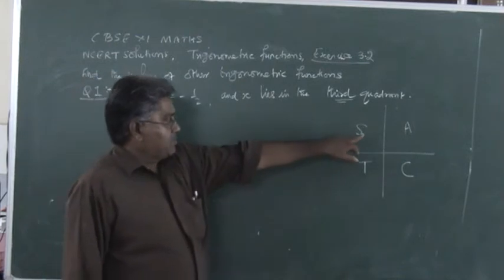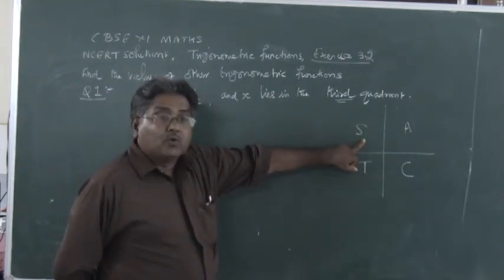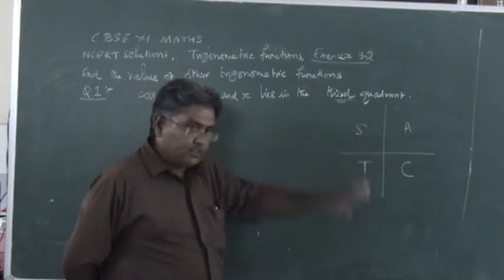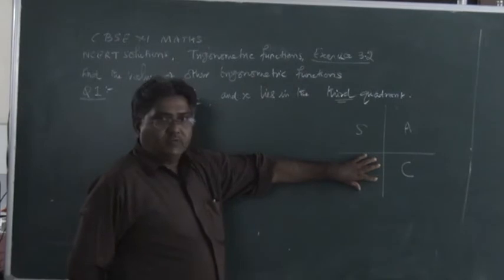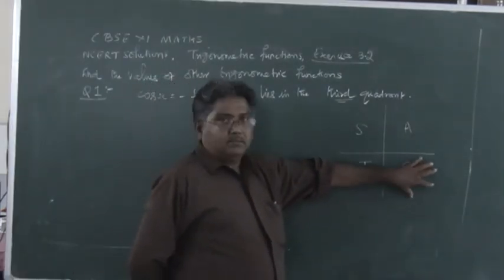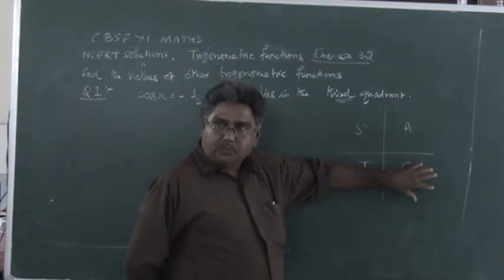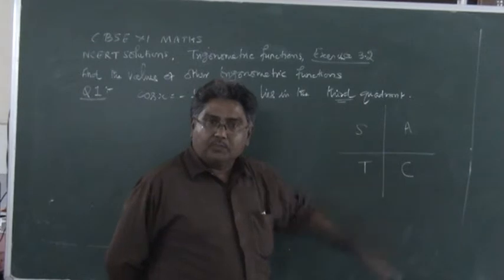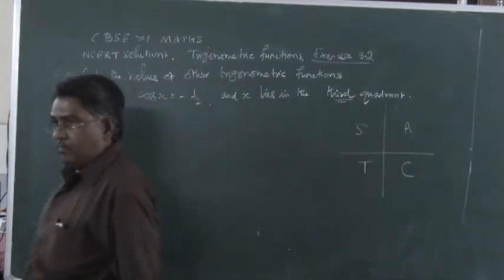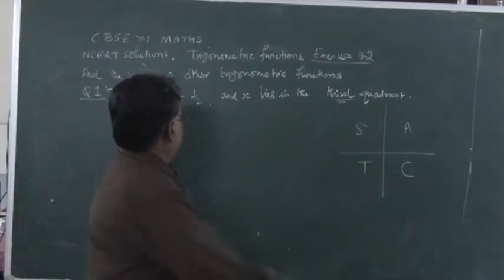When I say sine is positive in the second quadrant, it means the reciprocal of the sine function, namely cosecant function, also is positive in this. Similarly, cotangent function is also positive. Similarly, cos is positive, secant is also positive. Understood? Now we will proceed.